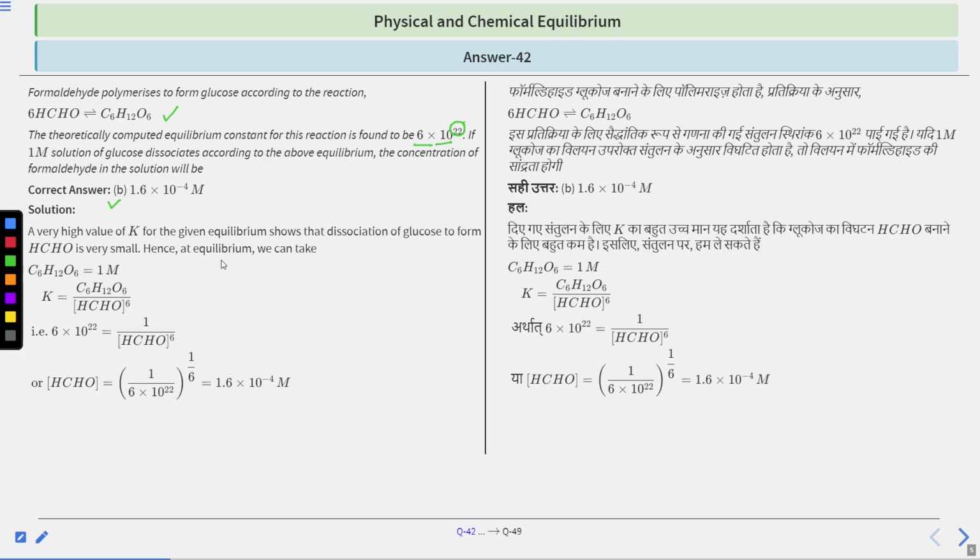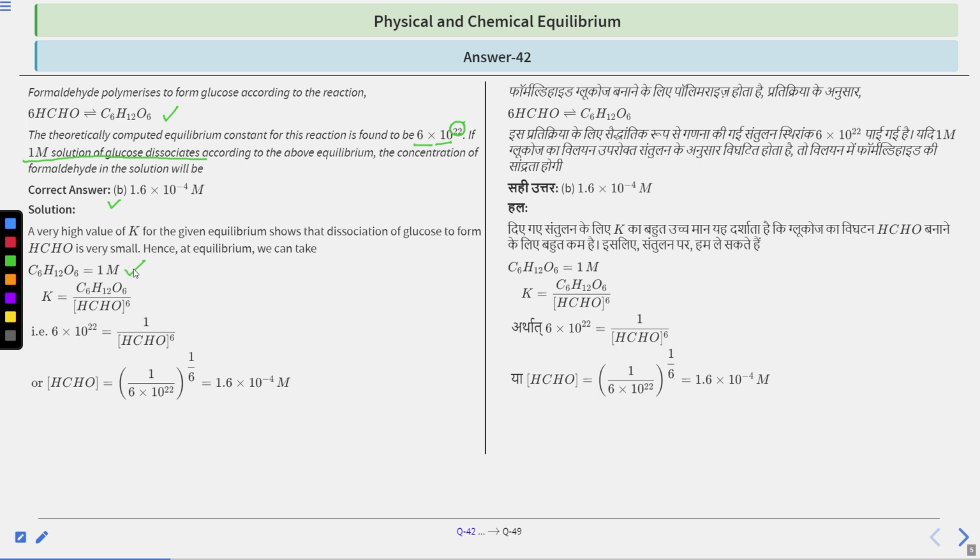Hence at equilibrium we can take the concentration of C6H12O6 as 1 molar, and it is given also that a 1 molar solution of glucose dissociates.